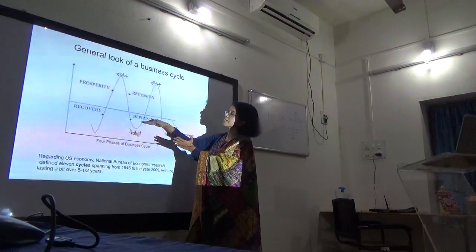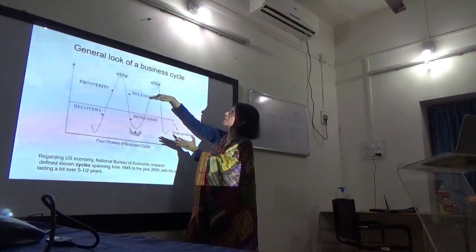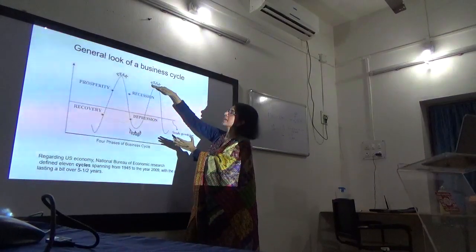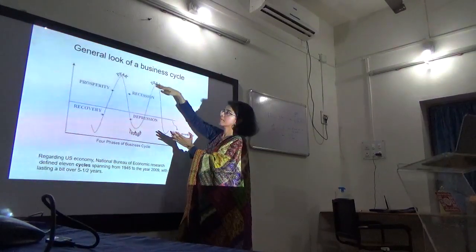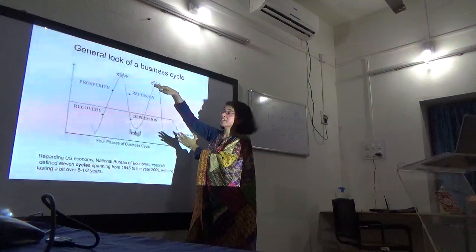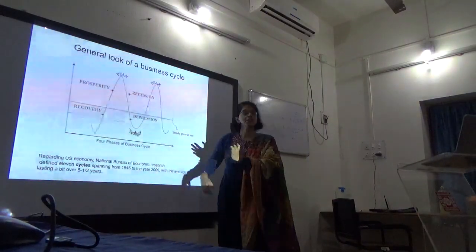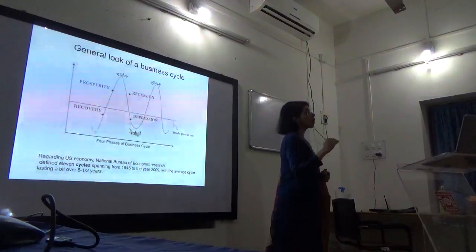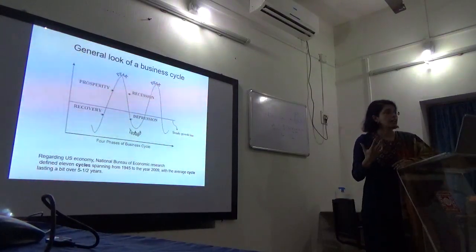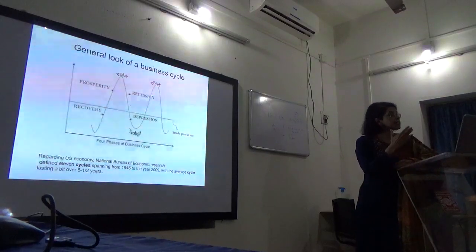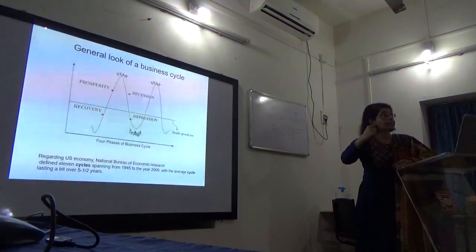And right from the depression, again you will be coming towards the peak by the aegis of prosperity as well. Now this is called the business cycle. Generally, the business cycle occurs in cycles. Okay? So unlike the seasonal component, the business cycle does not occur over years.